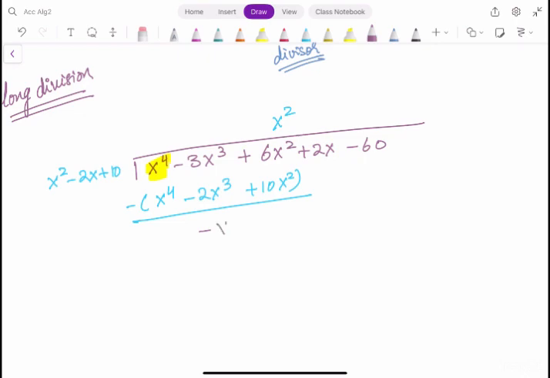And we will get the leftover is, bring down 2x and negative 60. Now my goal is to get rid of x cubed. How will you get rid of x cubed? By multiplying by negative x.